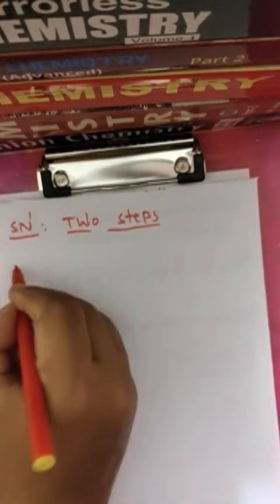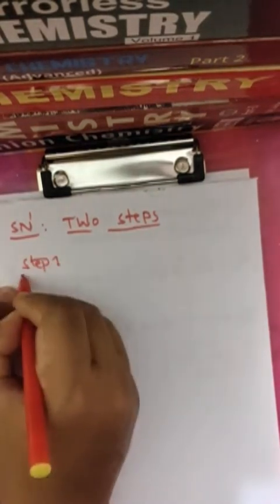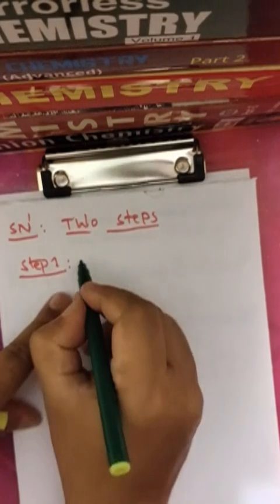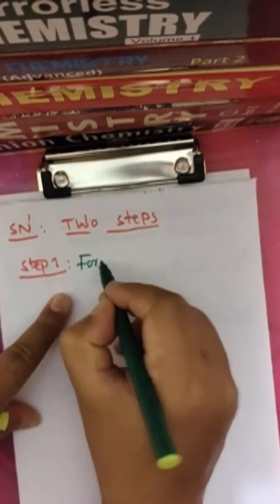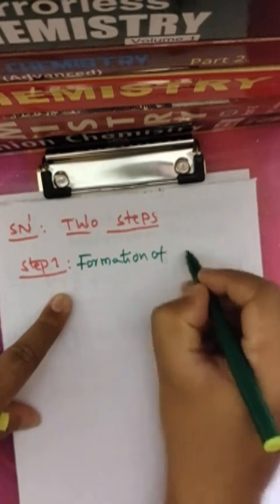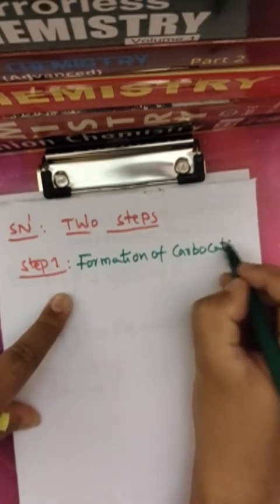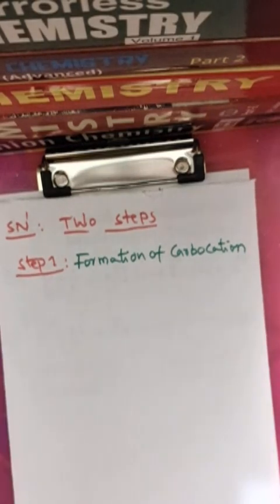That is, we have step 1. In step 1, formation of carbocation takes place. How will the formation of carbocation take place? Let me discuss.